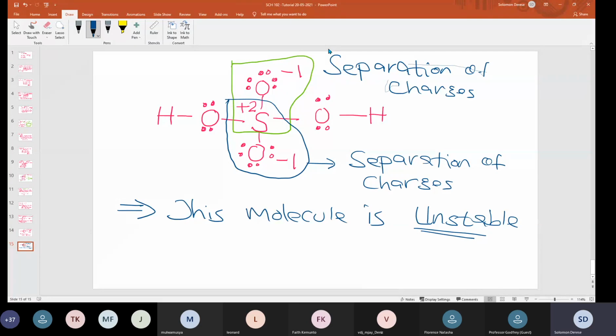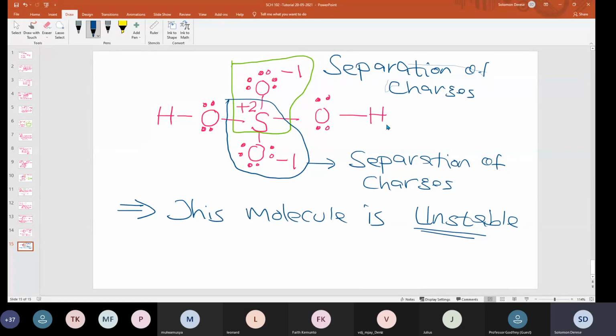Now, what is the correct structure? Let me tell you the other thing. If this was the structure of sulfuric acid, sulfuric acid would not be acidic. You know what acid means? Acid is something that gives out hydrogen. So this hydrogen must be picked by a base, and this hydrogen must also be picked by a base. It is not very easy for a base to come and take these hydrogens.